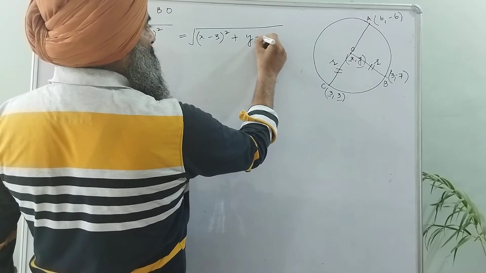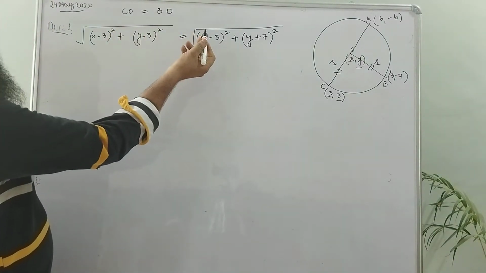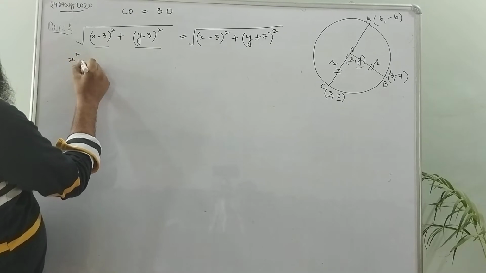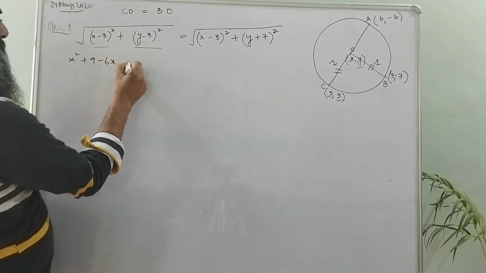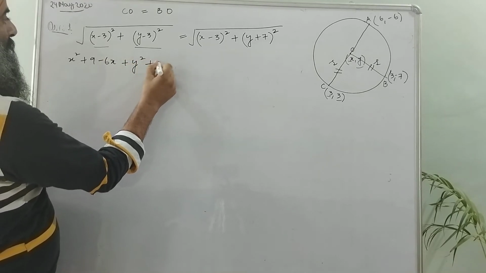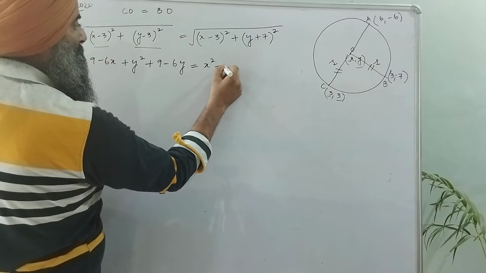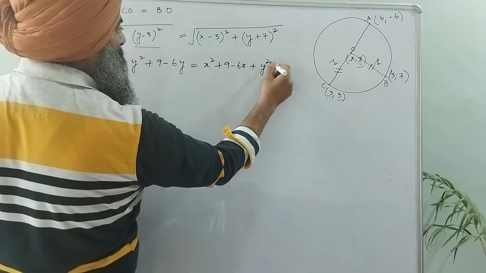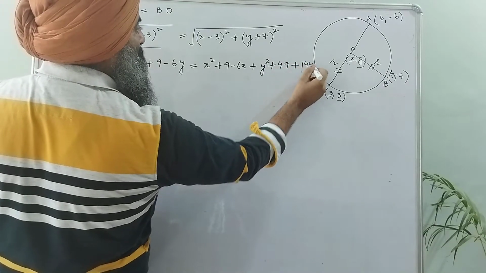So minus of minus 7 will become plus 7 whole square. We can square both sides and open this. So what we get: x² + 9 - 6x + y² + 9 - 6y is equal to x² + 9 - 6x + y² + 49 + 14y.